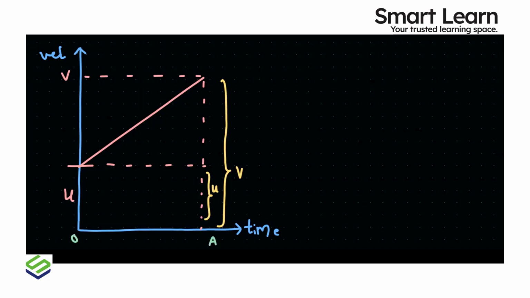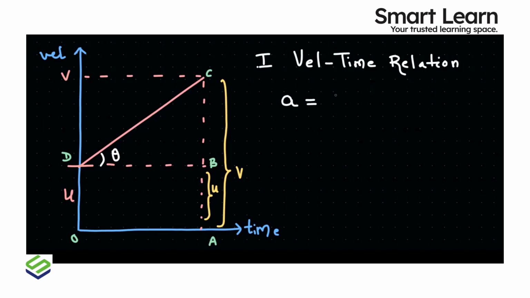The first equation of motion. What is the first equation of motion? It is the velocity time relation. In the velocity time relation, we are finding the slope of the graph. So acceleration is given by the slope of the VT graph. Here, there is slope only in the region CD. So A is equal to slope of CD.